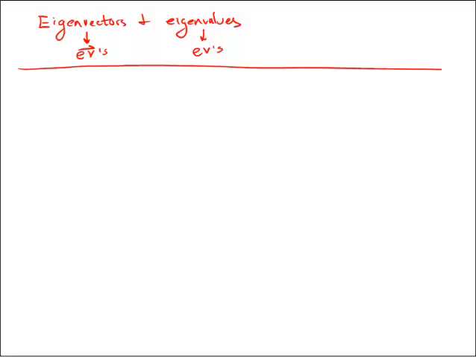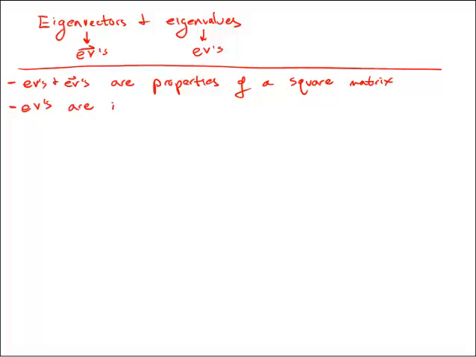Well, first of all, the eigenvalues and eigenvectors are properties of a matrix. Specifically, they're properties of a square matrix, so an n by n matrix. And it will turn out that the eigenvalues are invariant to a change of basis.